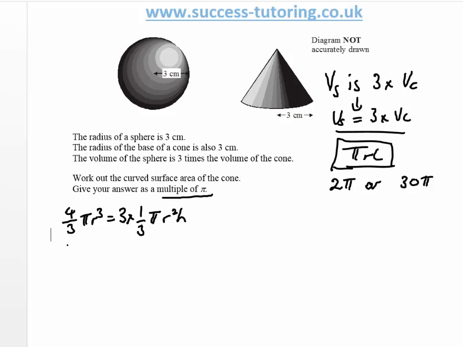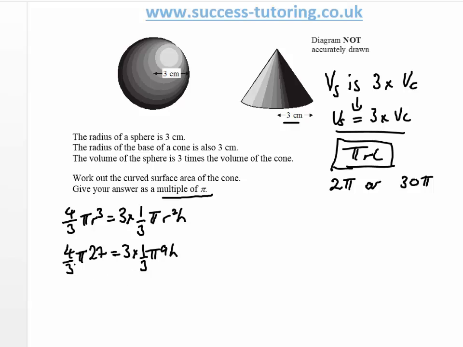So 4 over 3 pi. We already know r to the power of 3 is 27, so I'm just going to write 27 there. And then we've got this 3 times 1/3 pi. 3 squared will give me 9h.